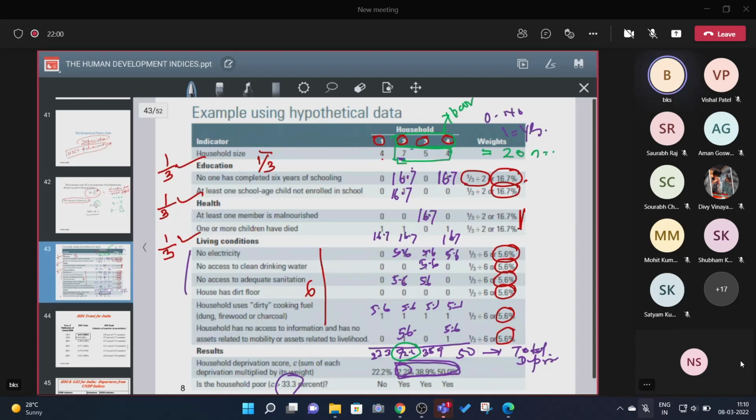They have 7 households, so you can add 72.2 7 times, or you can have 7 times 72.2 plus your 5 times 38.9 plus your 4 times 50 divided by your 16. That is your number of 4.